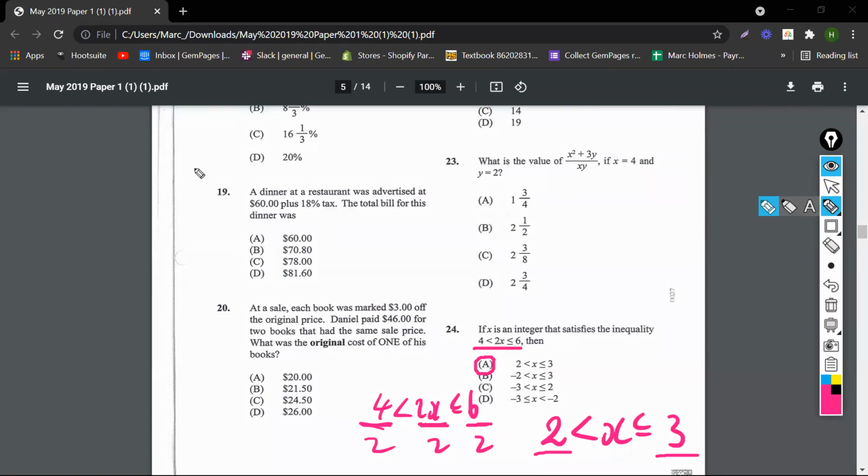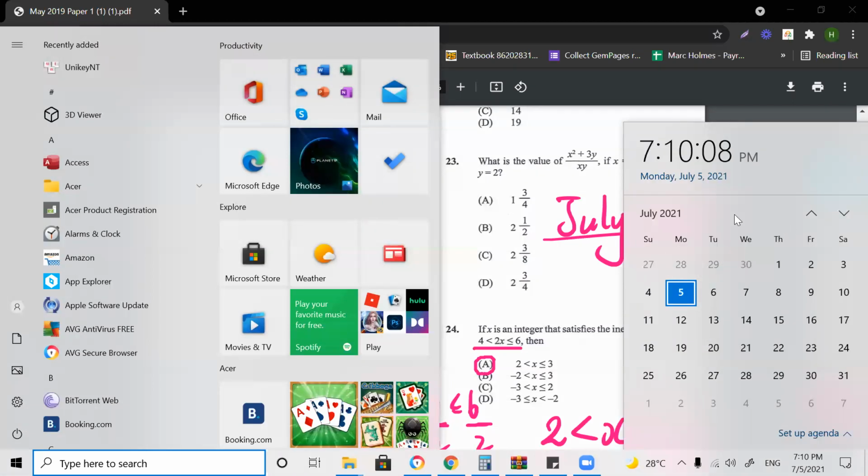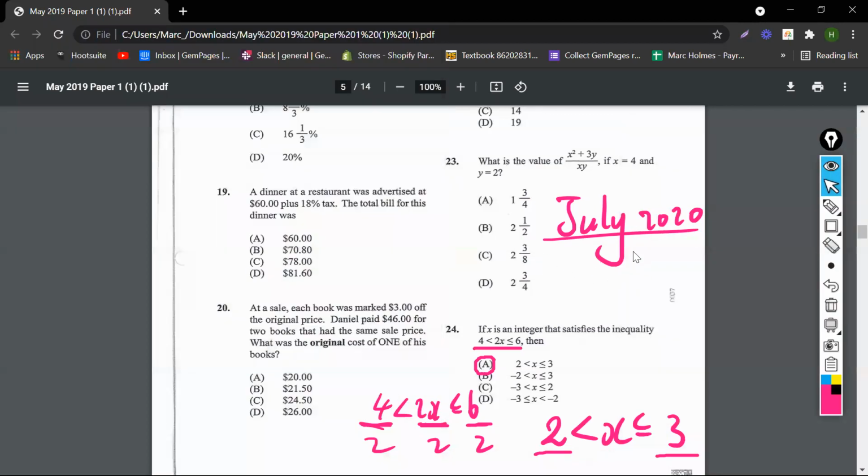But I actually have the July 2020 paper, which really is the last paper. I don't know if you guys remember, last year was multiple choice only. So last year, this time, I was on YouTube Live helping people with the exam and going through a ton of multiple choice. But I still have this paper. Somebody sent me pictures of it, so I'm going to go through it tomorrow.